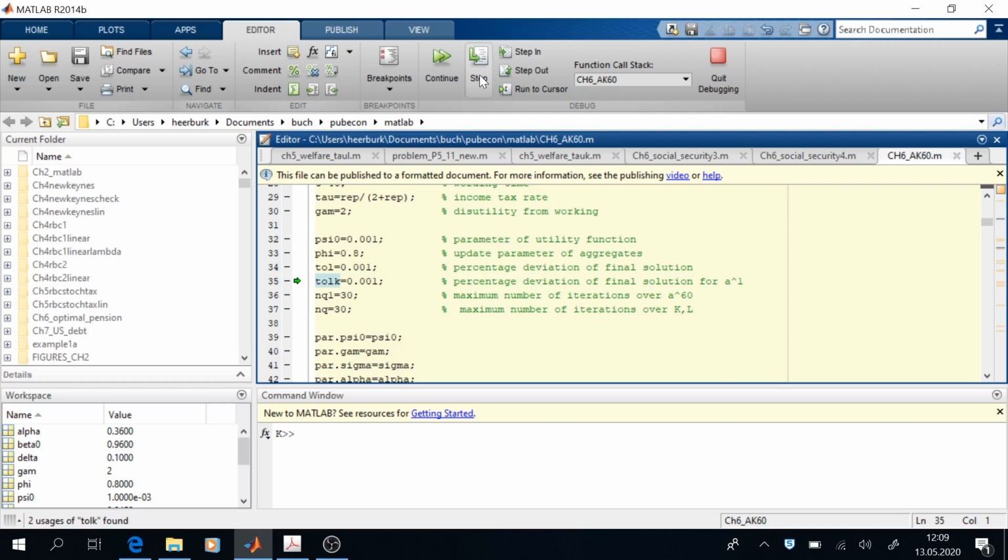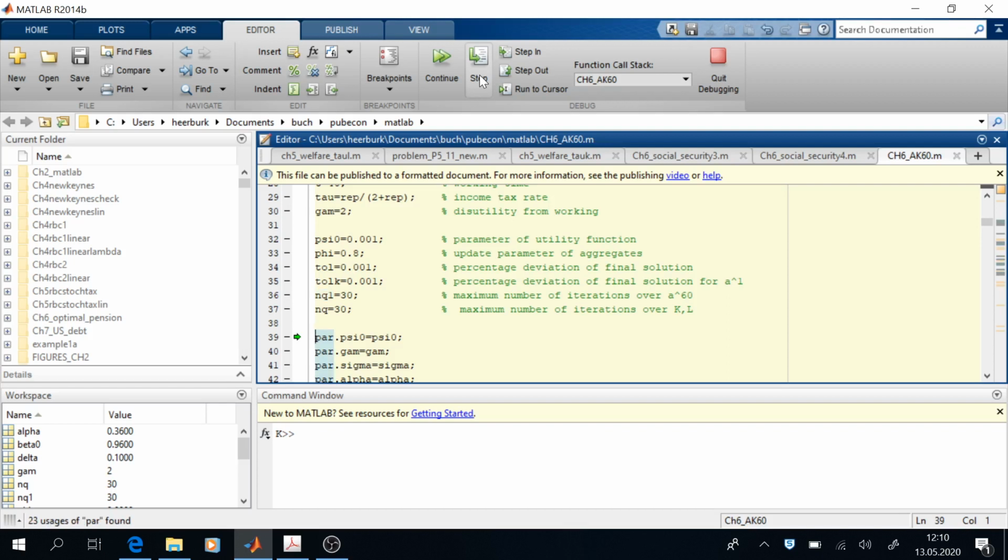It provides a variable for A1, and this variable should lie between minus 0.001 and plus 0.001. In the inner iteration over the A60, we want a maximum number of 30 iterations, and the same for the aggregate capital stock K, the outer iteration.